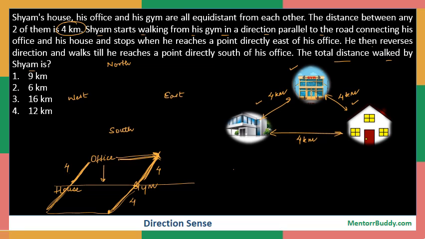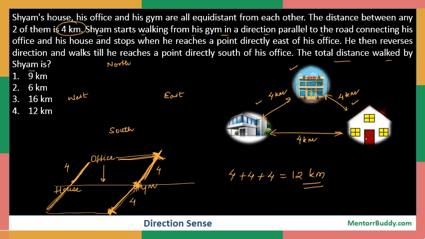So first of all he has traveled 4 from his gym to this point. Then when he reverses his direction from this point he again reaches his gym, which is 4, and then from gym to the final position, which is south of his office, it is 4 again. So the total distance traveled by him becomes 12 kilometers.